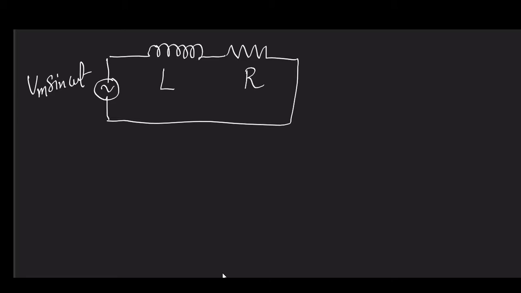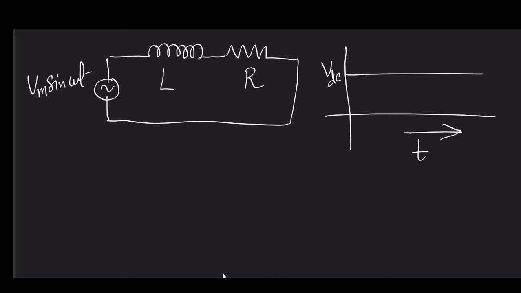Now, unlike DC, if you see the time curve of your source, your VDC, you would have a representation like this straight line.